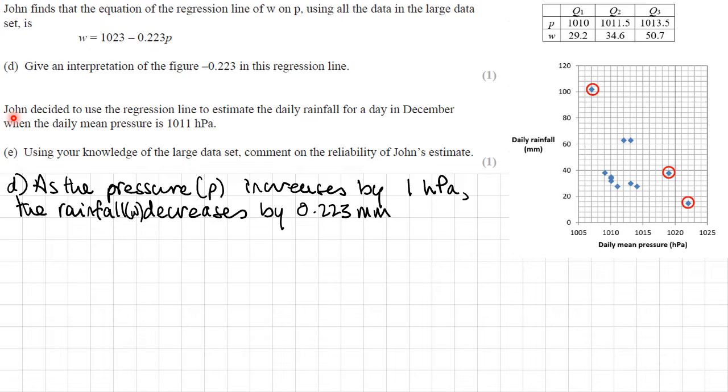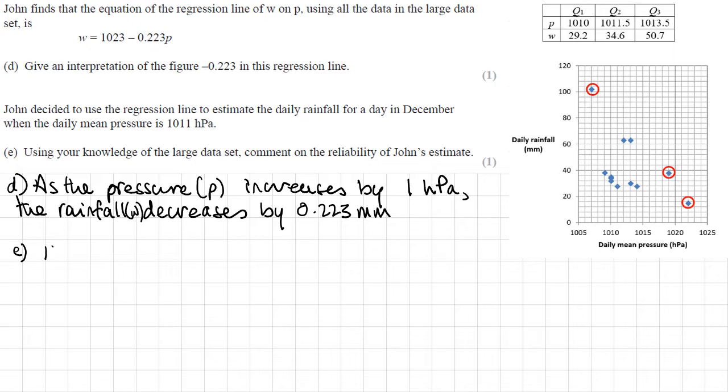And lastly, part E. John decided to use the regression line to estimate the daily rainfall for a day in September when the daily mean pressure is 1011 hectopascals. Part E. Using your knowledge of the large data set, comment on the reliability of John's estimate.